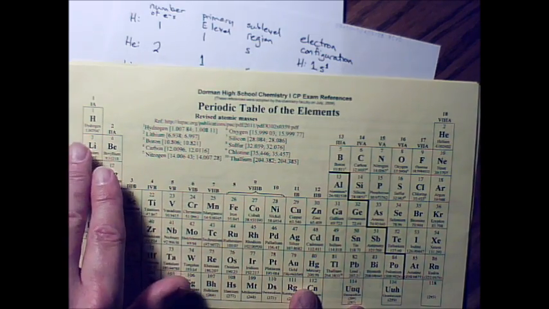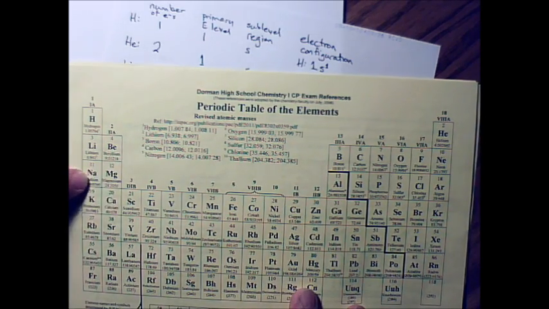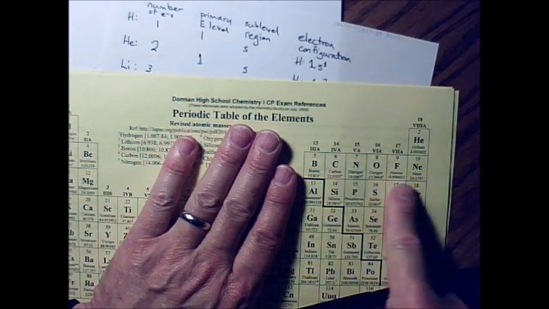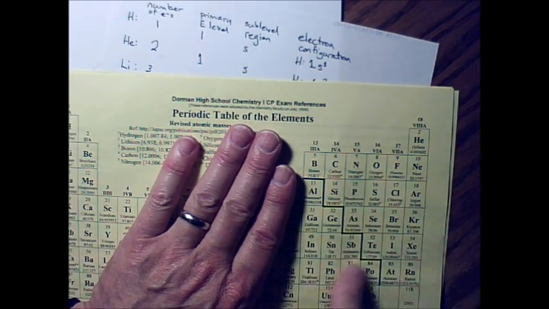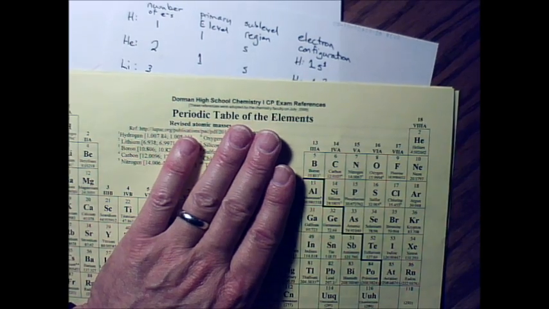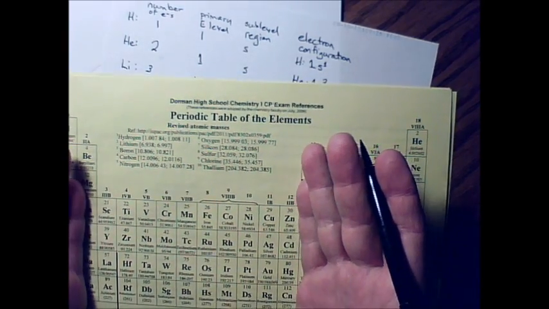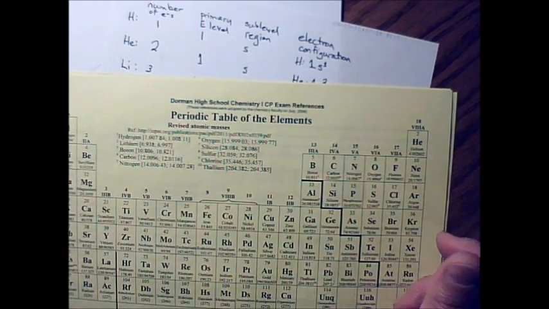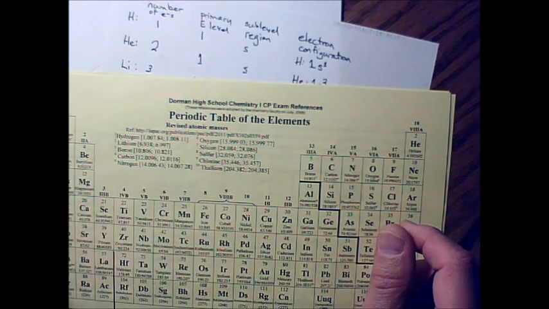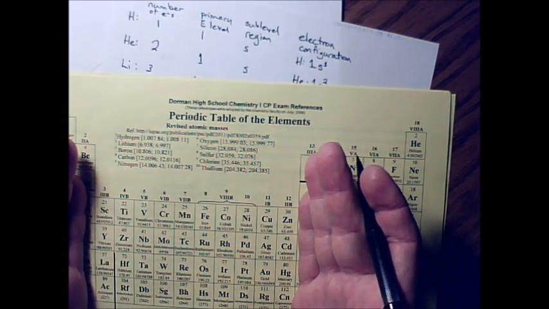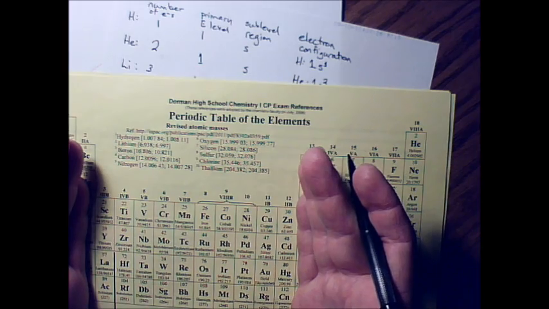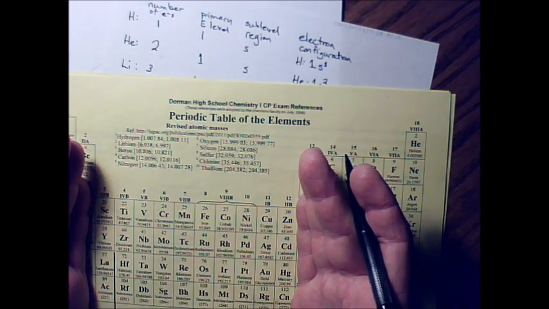Right, because look, how many electrons in each of these rows in the s sublevel region? 2. Just 2 of them. How many over here in the p sublevel regions? 6. So the p levels are only going to be 6. Maximum of 6 in the p sublevel, correct. And here, maximum of 10 for d.